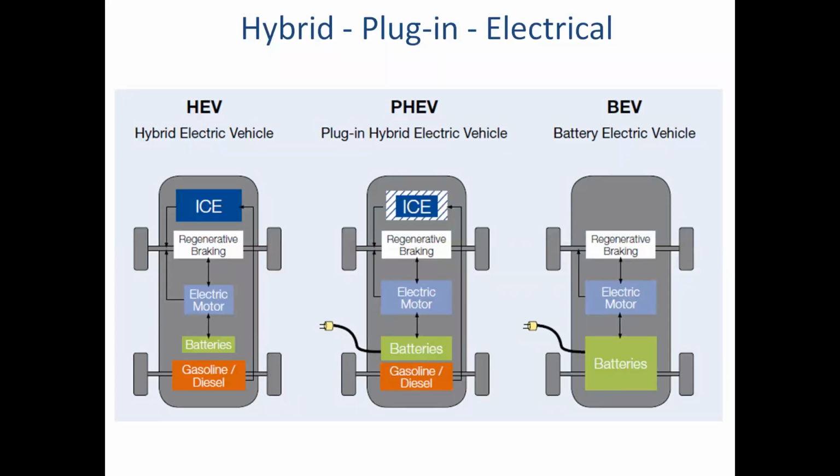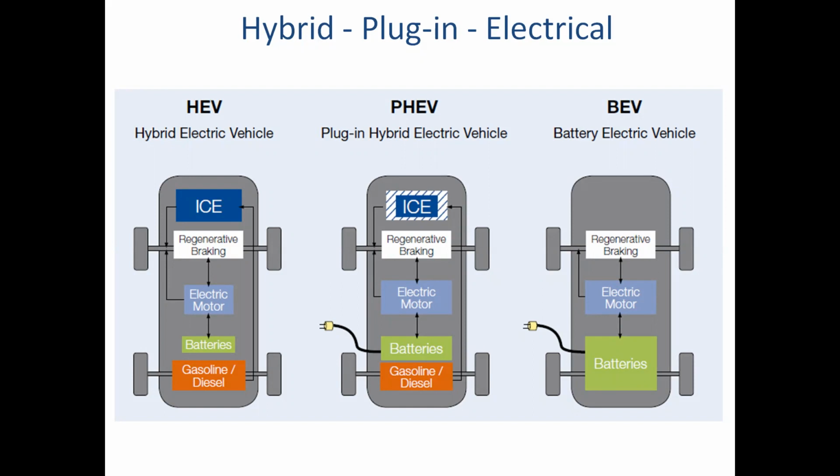You can see ICE. ICE means IC engine. At the bottom side there is gasoline or diesel. The gasoline and diesel is connected to the IC engine. The IC engine is connected to the front wheel, through the transmission, obviously.